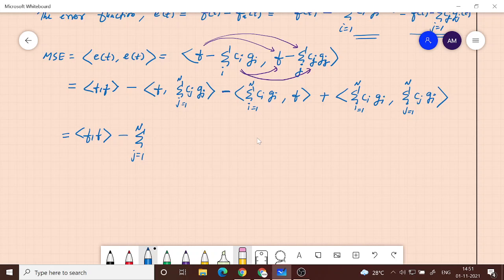Can you say? According to the sesquilinear property, the summation is on the second entry, so the constant cj, when I take it outside the inner product, what will happen? Conjugate. There will be a conjugate. So cj star ⟨f, gj⟩. Okay, so I can write it like this.